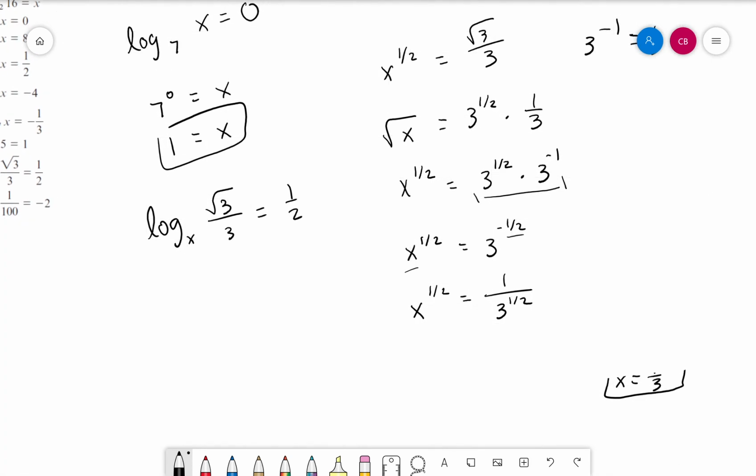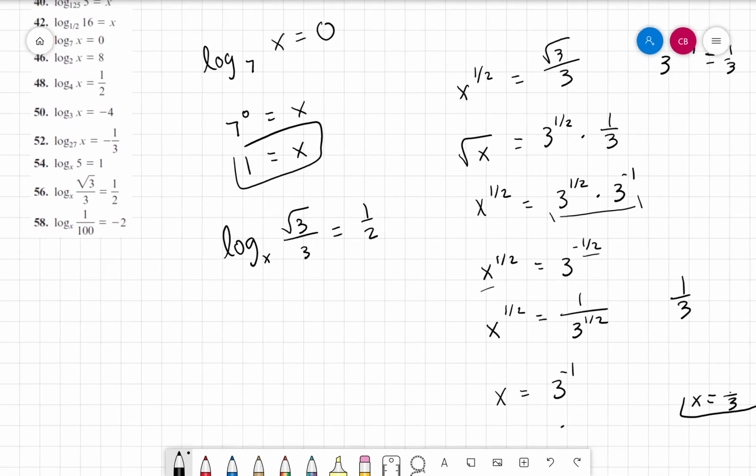So what does that tell us? This means x is equal to 3 to the -1, maybe? I think so. So that would be 1/3.